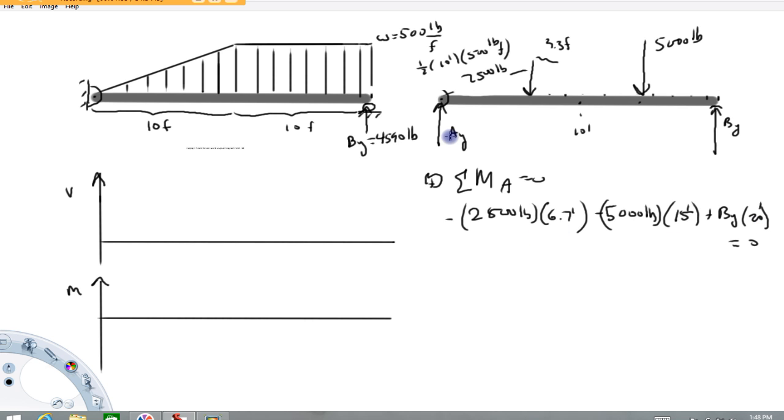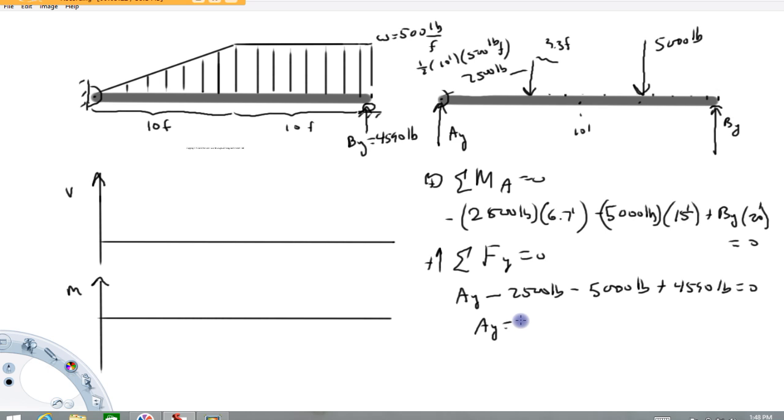We can get AY several ways. I'll write a force equation here. Sum of all forces in the y direction equals 0. I'm going to do positive up. So that's going to be plus AY minus 2,500 pounds for this force vector, minus 5,000 pounds for this force vector, plus BY, which is 4,590 pounds, equals 0.